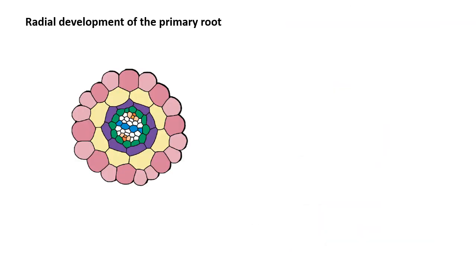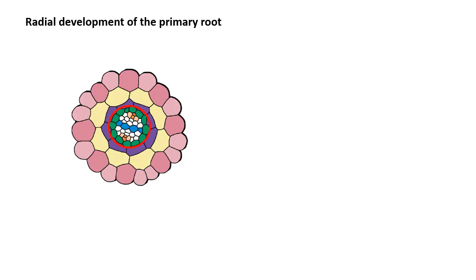Coming to the radial development of the primary root, radial development is nothing but the TS of a root. On the radial axis, the primary root consists of concentrically arranged stem cells in which the distal cells divide and finally differentiate radially from inside to outside to form the vascular cells.